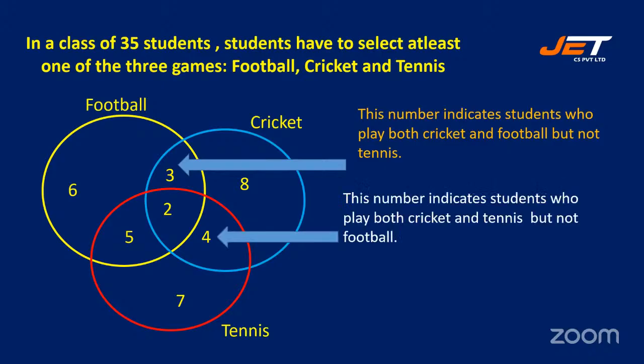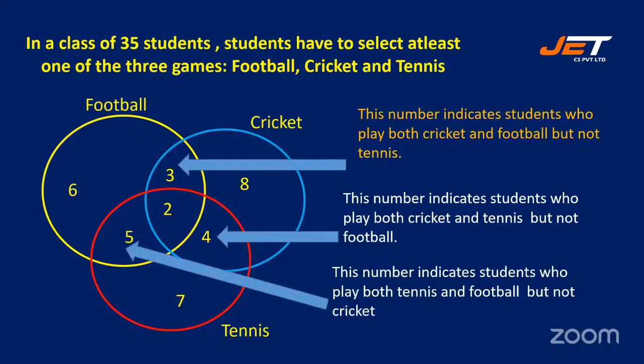Then this 4 indicates students who play both cricket and tennis, but not football. So this number indicates students who play both cricket and tennis, but not football.